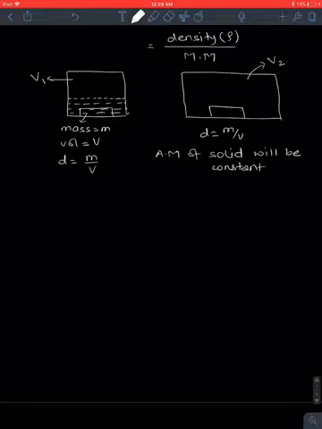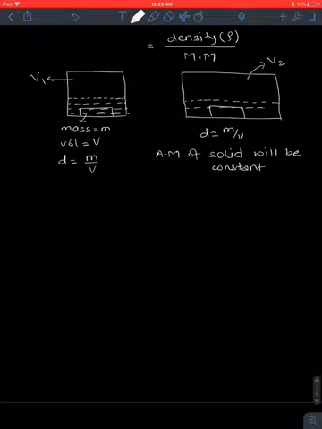Suppose we are not having solid, we are having liquid only, whose mass is m and volume occupied by that liquid is v. In that case, its density will be m by v. If the same mass of liquid is taken in the second container, the density will still be m by v, because the mass and volume of the liquid will not change.